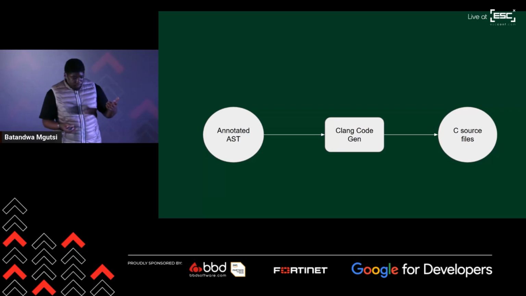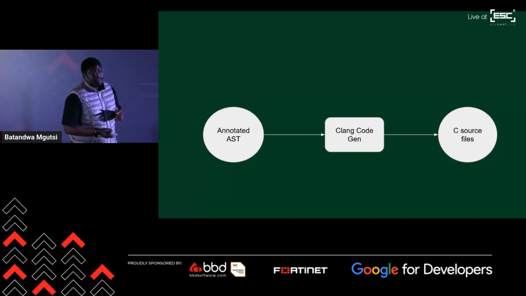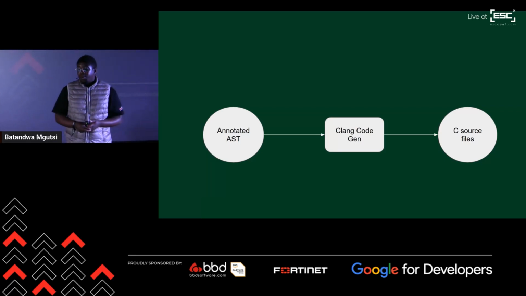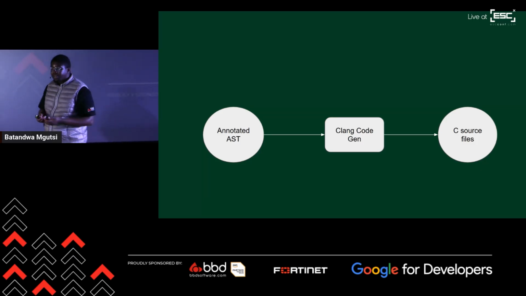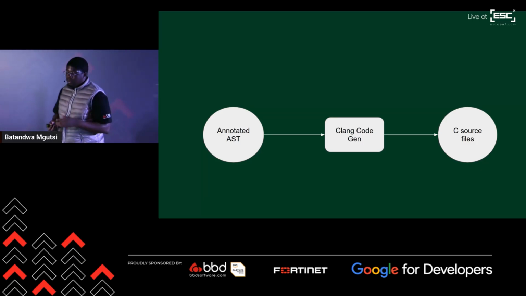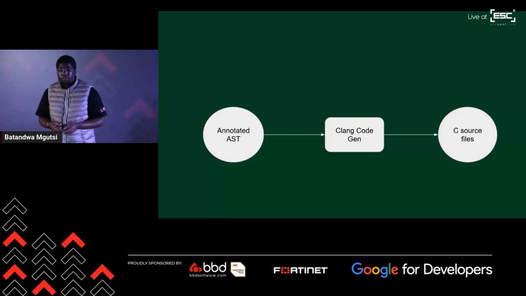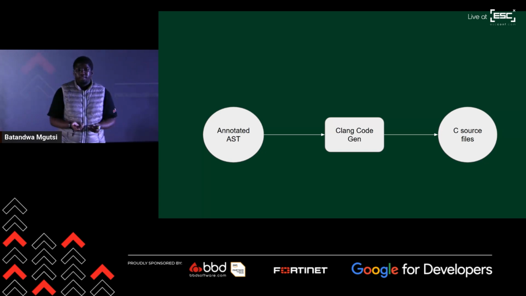Okay, so now we can run semantic checks on the program. Once we can do that, we want to be able to produce the C code, that is code generation. And this is probably one of the easiest steps of them all, because all that we're doing here is taking this annotated AST from the semantic analyzer and producing the source files.